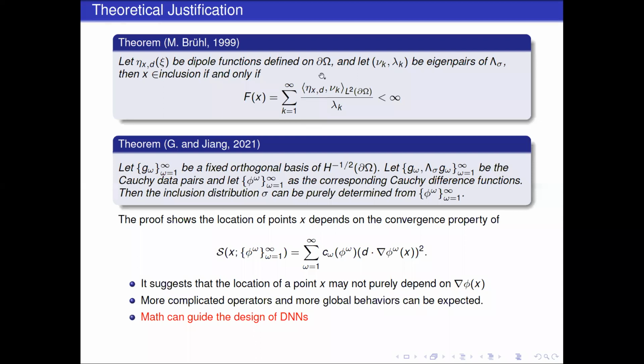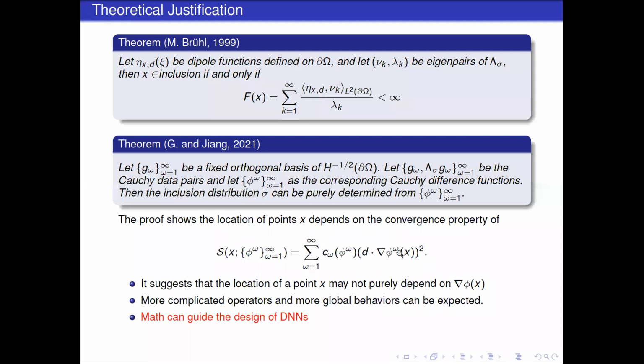So we go back to mathematics and we prove the following theorem. The theorem itself is nothing special because it just follows the original proof by Bukhgeim in 1999. But the result of this theorem is very interesting because the series determining the location of each point looks like this. The location of the point depends on the convergence property of this series.